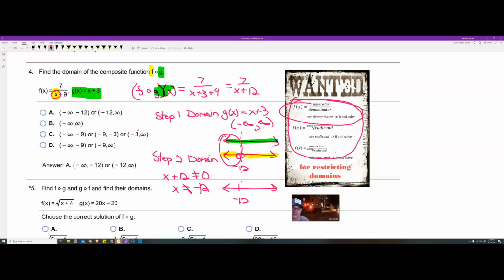That would be all of the numbers from negative infinity up to but not including negative 12, or the other part that's green and yellow is everything to the right of negative 12, which would be from negative 12 to infinity.